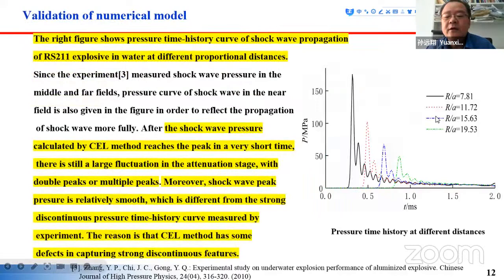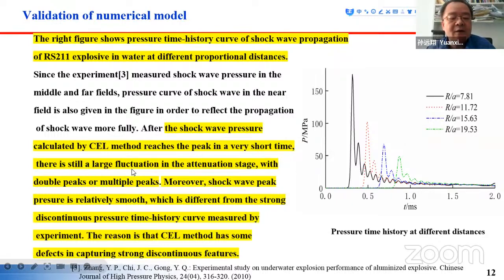Here, the red figure shows the pressure-time history curve of the shock wave propagation of the aluminized explosive in water at different proportional distances. We can see that the shock wave pressure by the CEL method reaches the peak in a very short time.